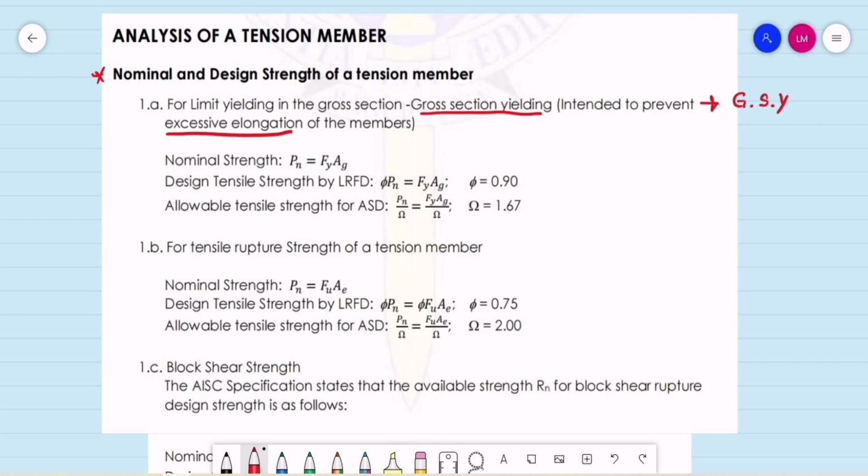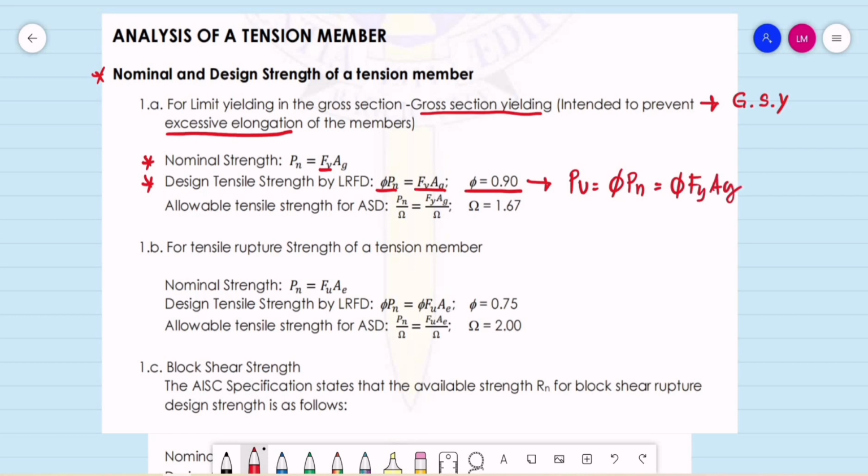For the nominal strength, that is P sub n equals Fy, the yield stress, multiplied by the area gross, Ag. Then for the design strength by LRFD, that is phi, a reduction factor, which is equal to 0.9 for tension members, times Fy times Ag. Or we can say the design strength, the ultimate P sub U, is equal to phi multiplied by P sub n, or phi Fy multiplied by the area gross.